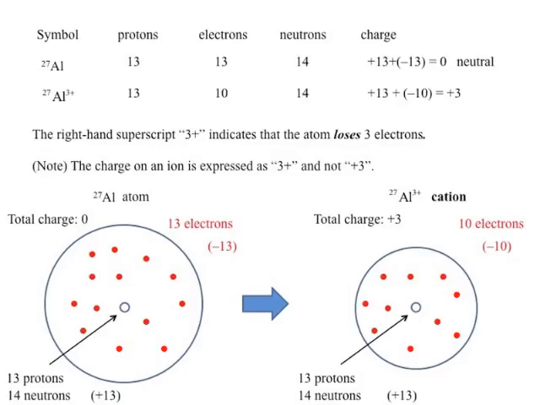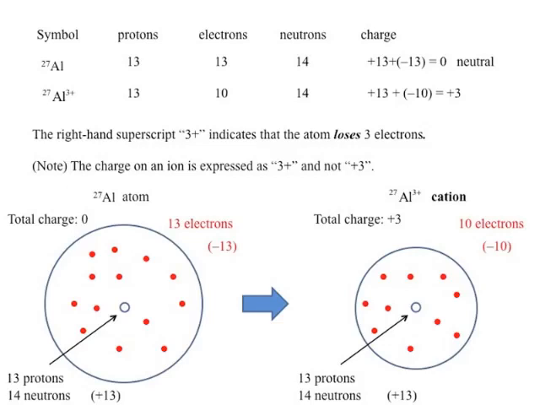Let's look at how cations are created. First, aluminum-27, which is an atom. How many protons, electrons, and neutrons are in aluminum-27? Because aluminum has an atomic number of 13, aluminum-27 should have 13 protons.